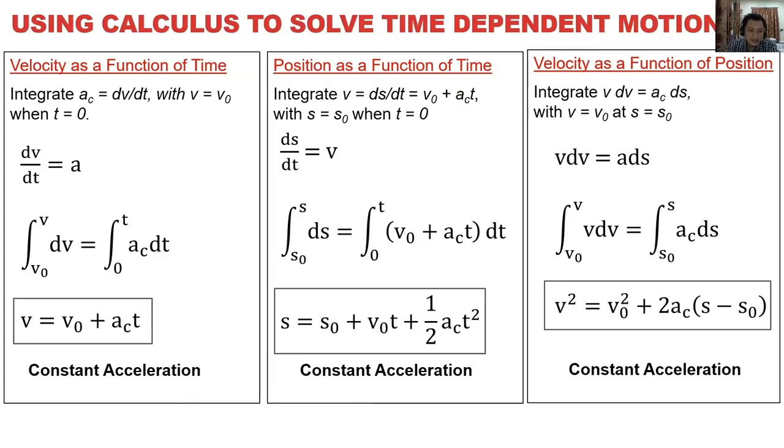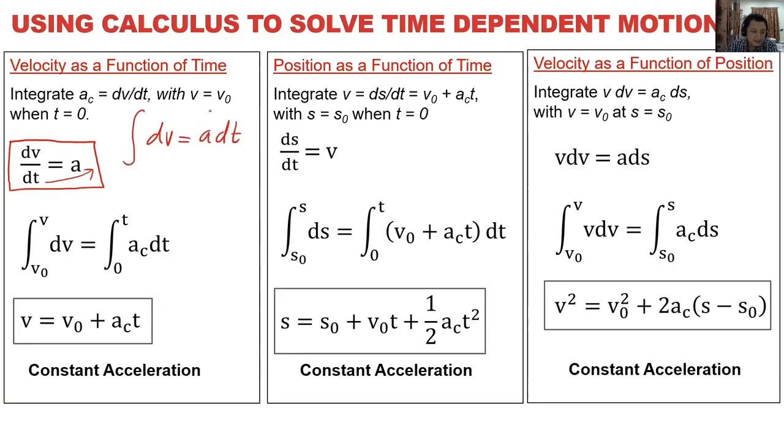Once you've got all those things, you can also integrate back. For example, dv over dt is equal to a. Bring dt over here, and you get dv equals a dt.